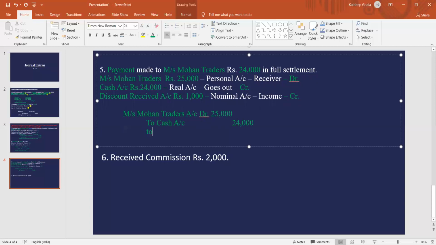To, just a minute, yeah, to discount received account. How much? 1,000. Okay, this is how it will appear.